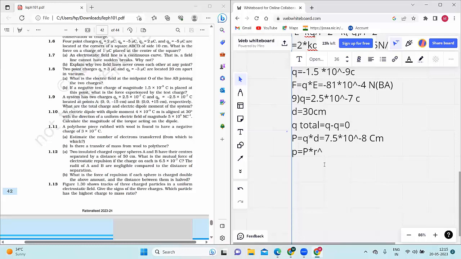As both charges are lying in the z direction, the dipole will be in the direction of positive k cap. So we get the dipole moment P, with magnitude 7.5 into 10 power minus 8, into k cap. K is the z axis.